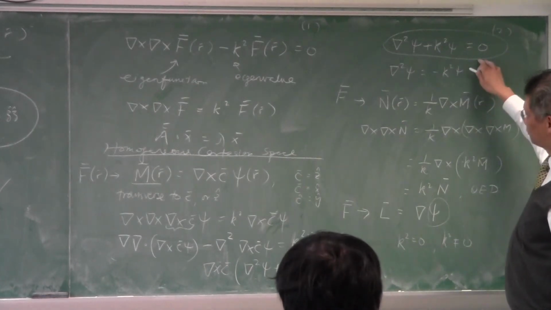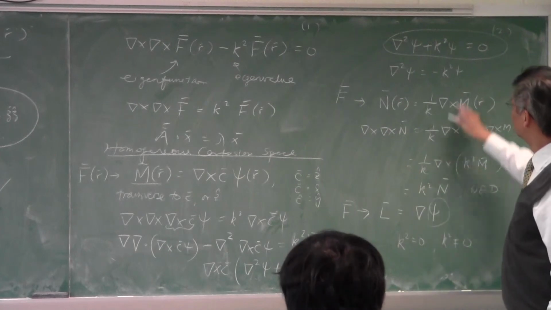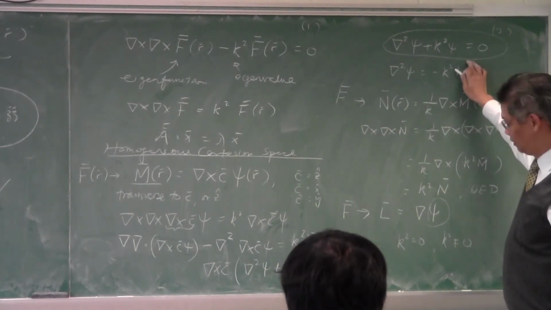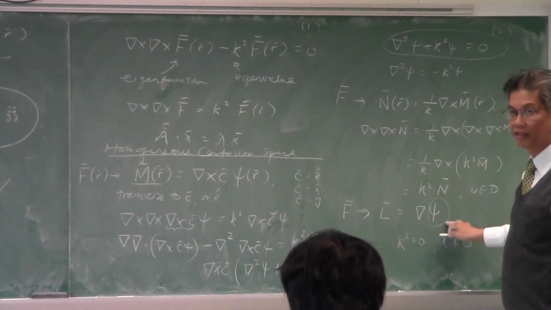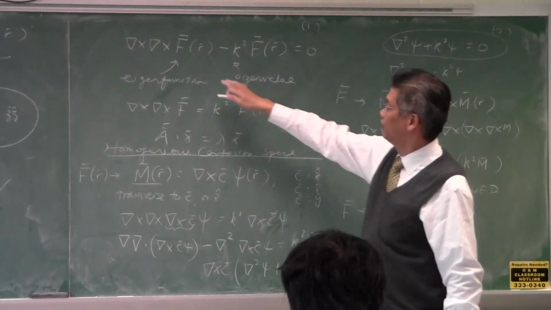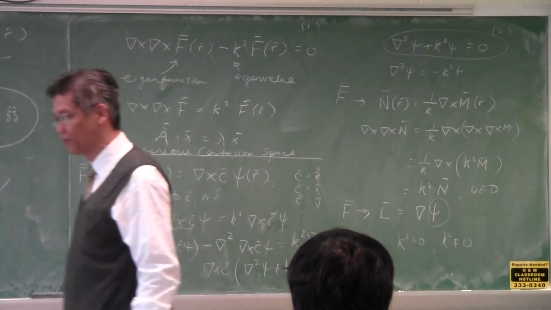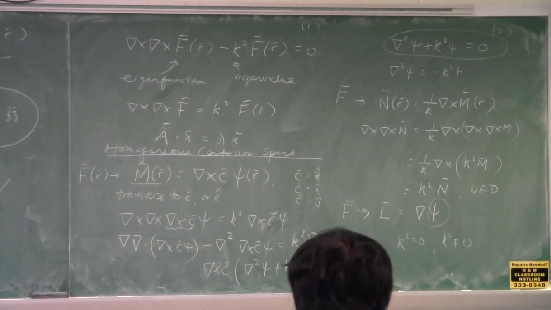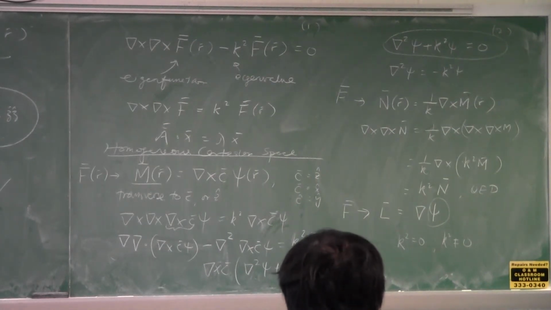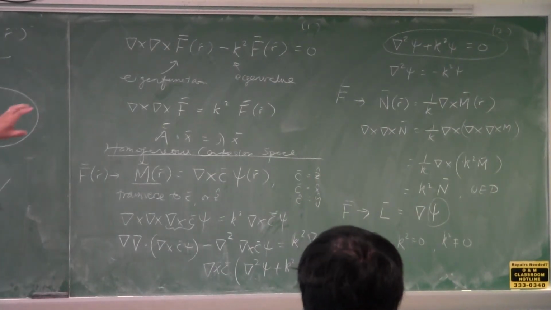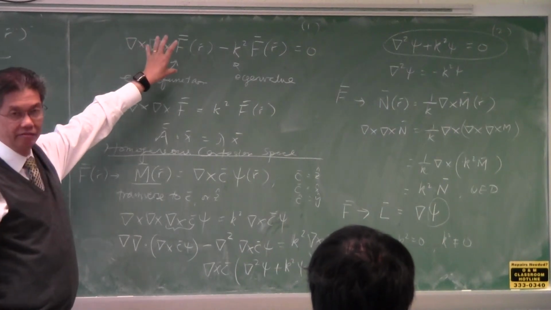Okay, you take solution from this equation. There are infinitely many of them. You can construct infinitely many L that actually lie in the null space of this operator. This is a curl operator. It has a big null space. That null space is filled by L. So there are three kinds of vector wave functions you can construct: M, N, and L. L is always in the null space of this vector wave equation.